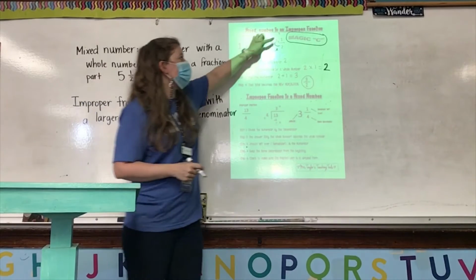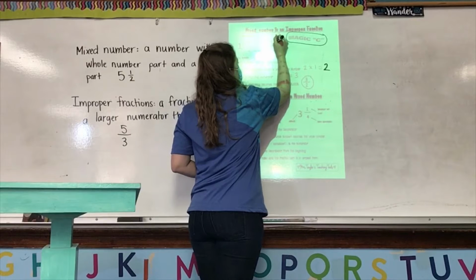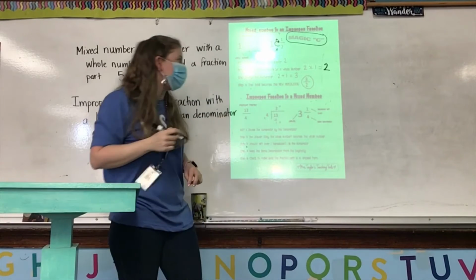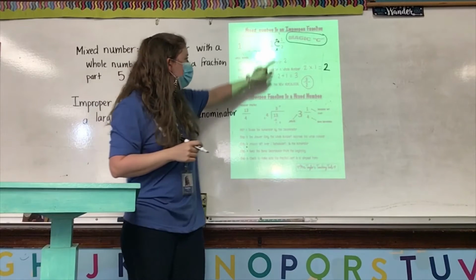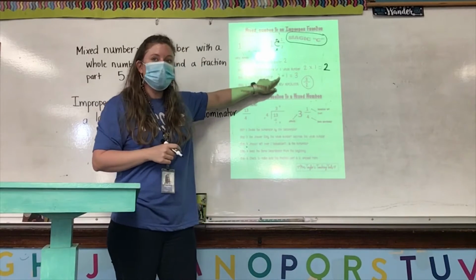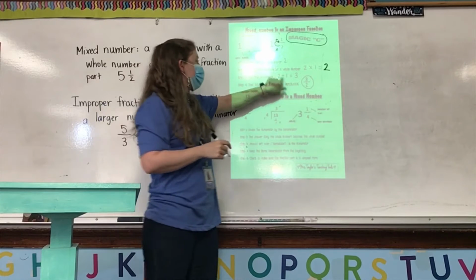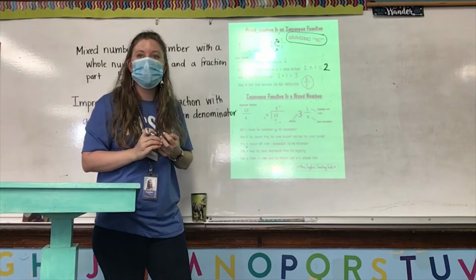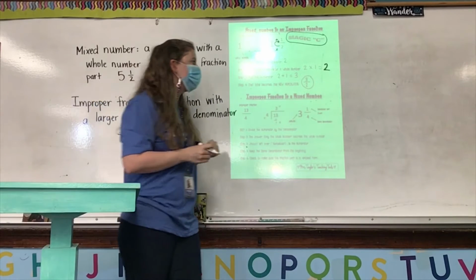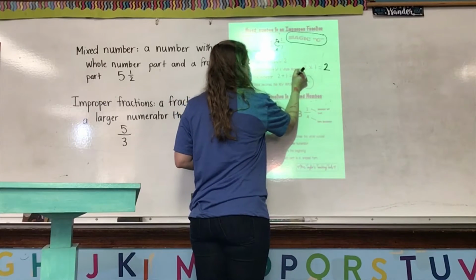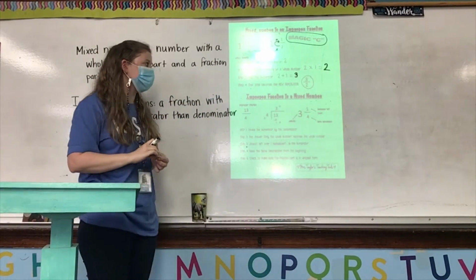Step 3 is to add the numerator. So we're going to finish that magic C by adding the numerator. When we multiplied the denominator by the whole number, we got 2. Now we're going to add our numerator 1 to get what, class? 2 plus 1 equals 3. Now, step 4.